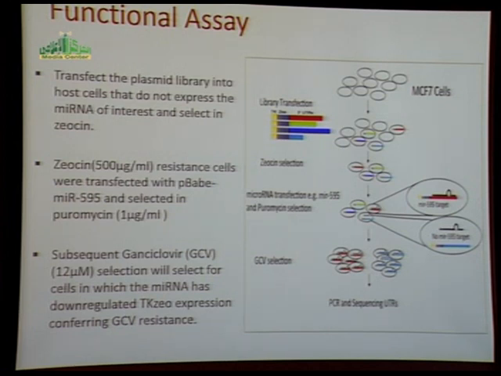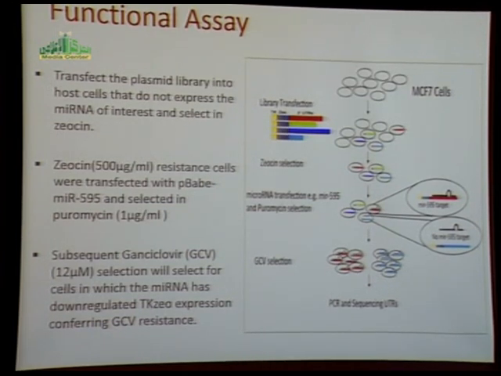The cells which bind to the microRNA, or have a target gene for this microRNA, will be resistant to ganciclovir, whereas the other cells which are not regulated by this microRNA will die from the GCV.